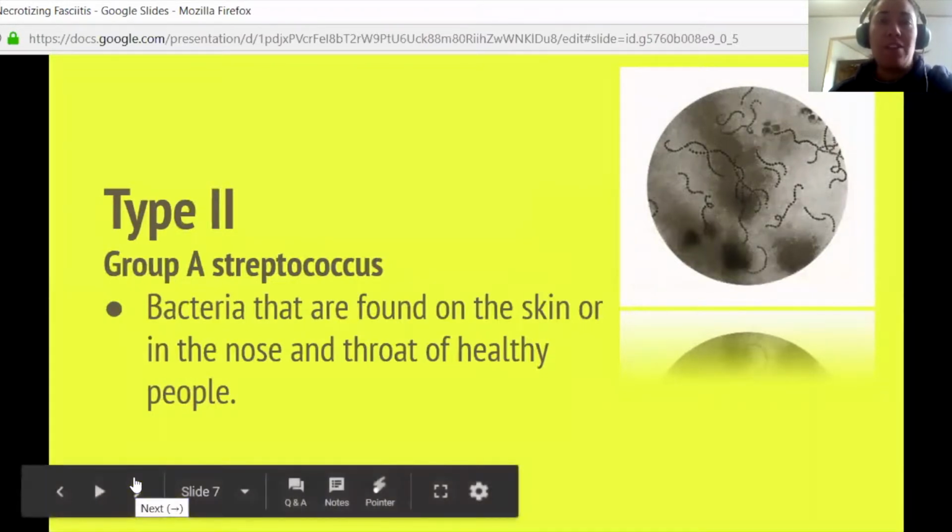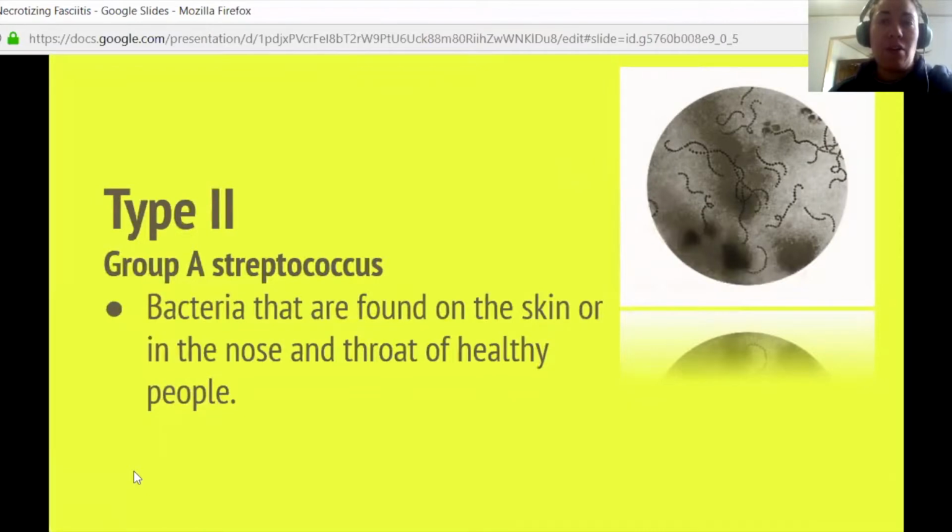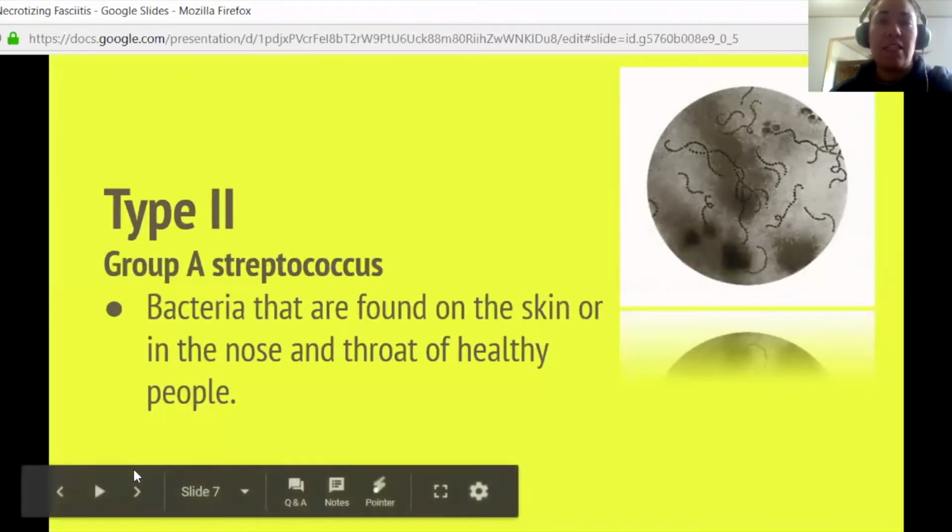These gram-positive bacteria are commonly carried by humans in our noses, throats, and skin without showing any symptoms. When group A strep causes NF, it can occur together with streptococcal toxic shock syndrome, which accelerates the speed and deadliness of the infection.